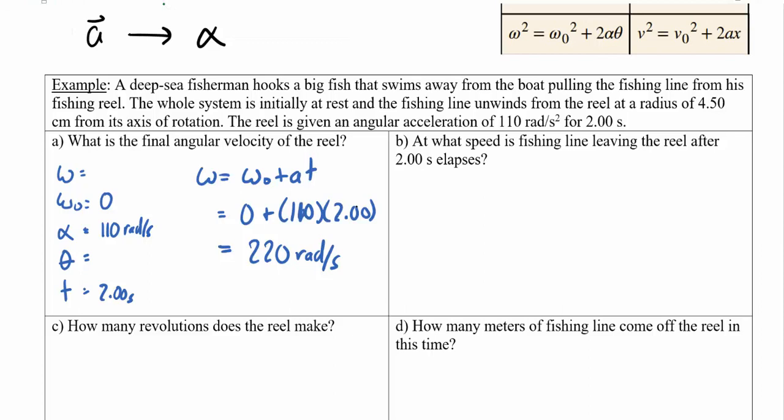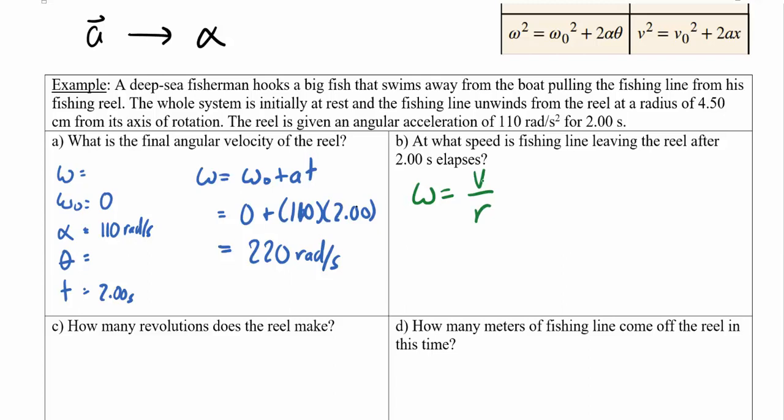All right, so at what speed is the fishing line leaving the reel after the 2 seconds elapses? Think about that the fishing line is on the outer edge of the reel. So if you think about a point at the edge of that reel spinning around, the fishing line is traveling at that same linear velocity. The way we jump between angular and linear is through these formulas: angular velocity is linear velocity over radius.